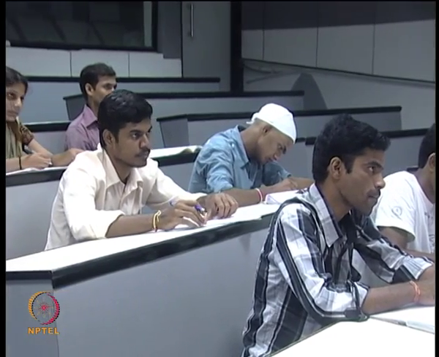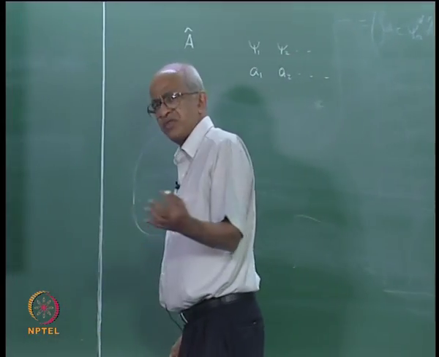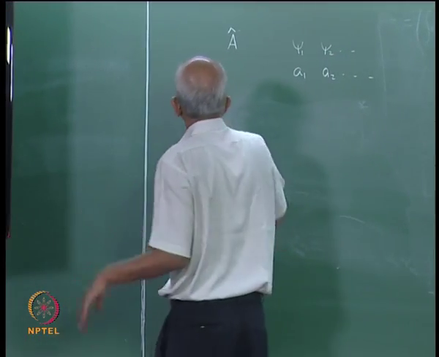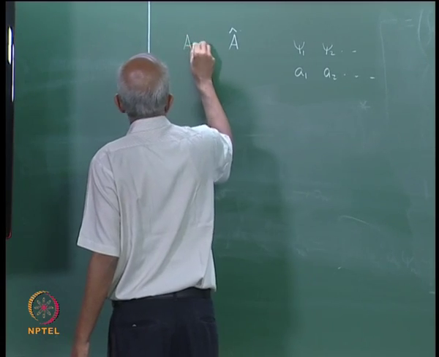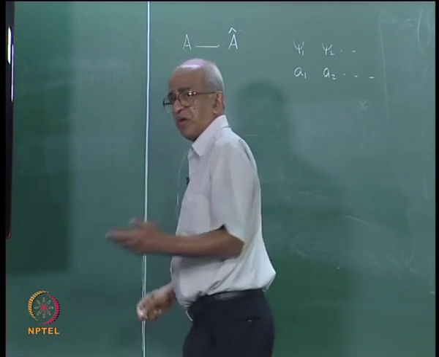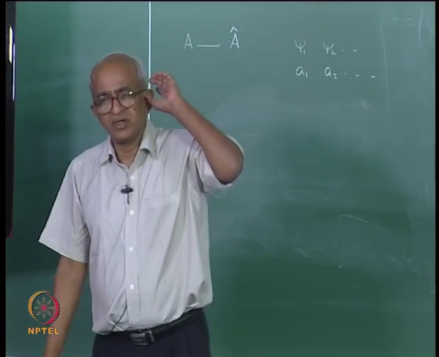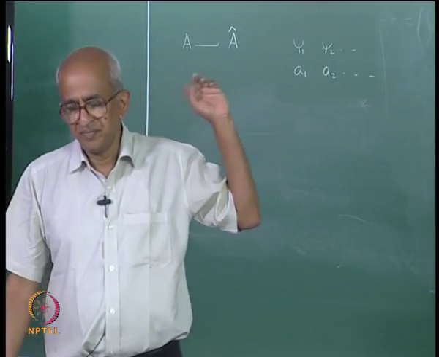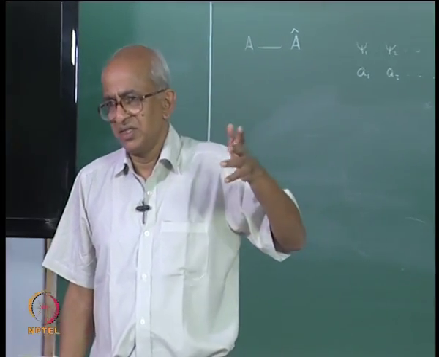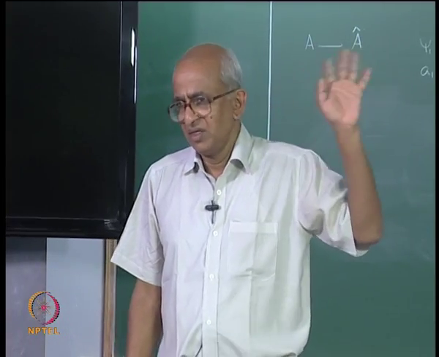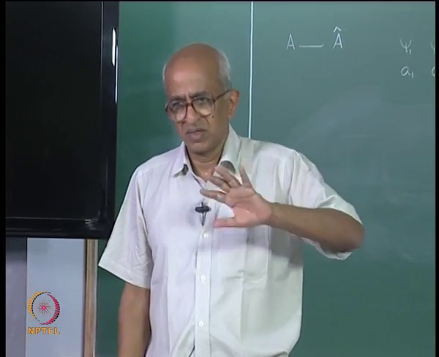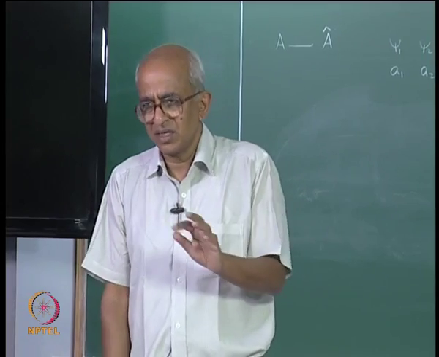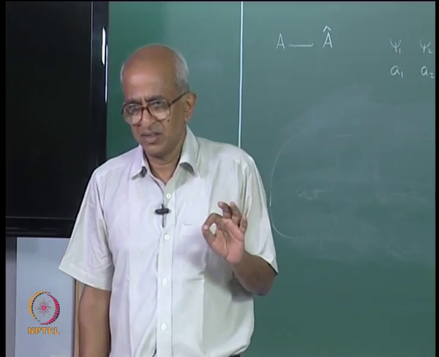Well, let us imagine that I have an operator A corresponding to some observable which I may perhaps denote by the symbol A. For example, it could be momentum, or it could be energy, or maybe angular momentum or some such observable, and I have an operator corresponding to that.